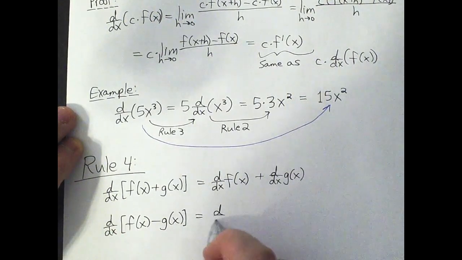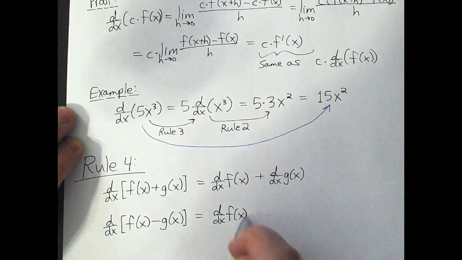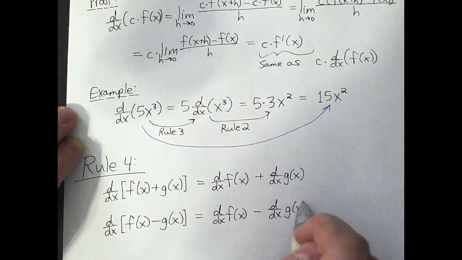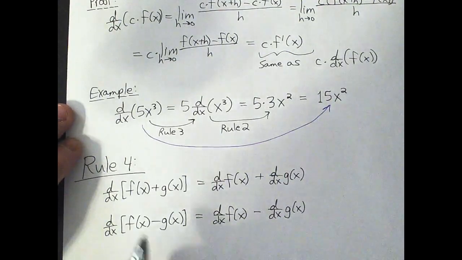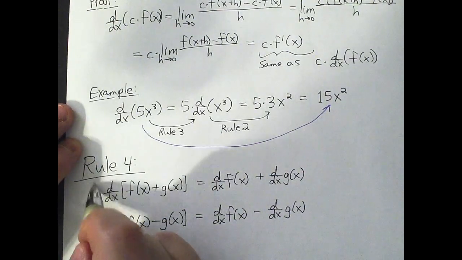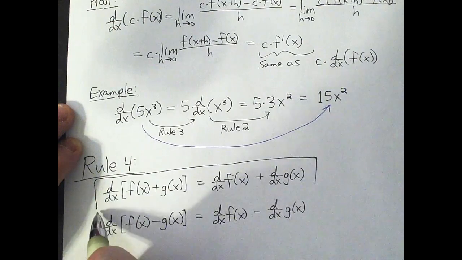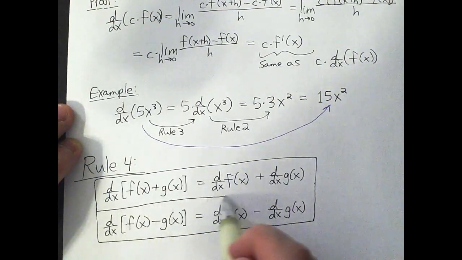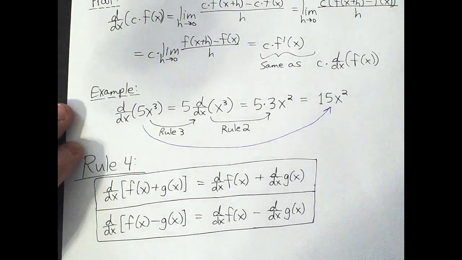Okay. Makes sense that if this rule exists for addition, that it probably also exists for subtraction. So, do you want to put a box around each of these? Here, we'll put a box around the whole thing, and we'll put a divider in the middle. How about that? That's rule 4.